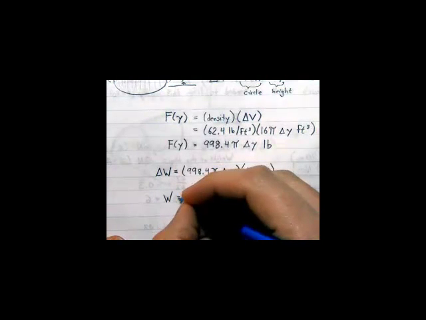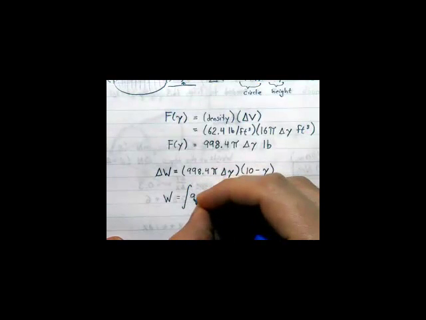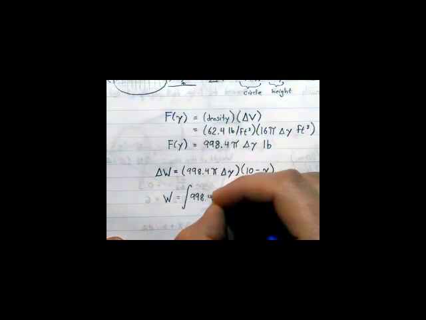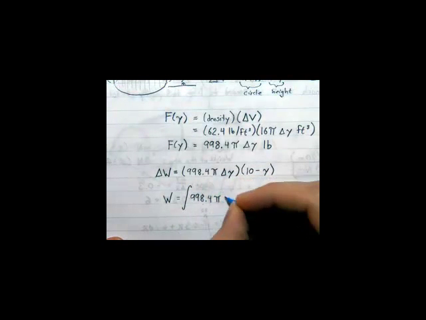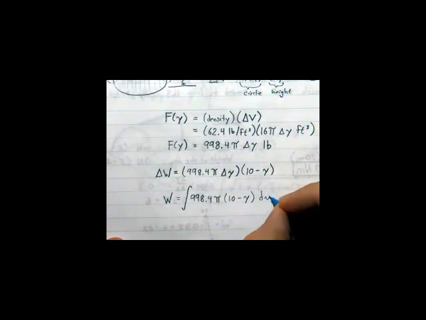So the work needed is going to be the integral of this, 998.4 pi times 10 minus y, and then instead of delta y, we'll just put our little dy on the end of it. And then, well, what are the limits on the integral, though?